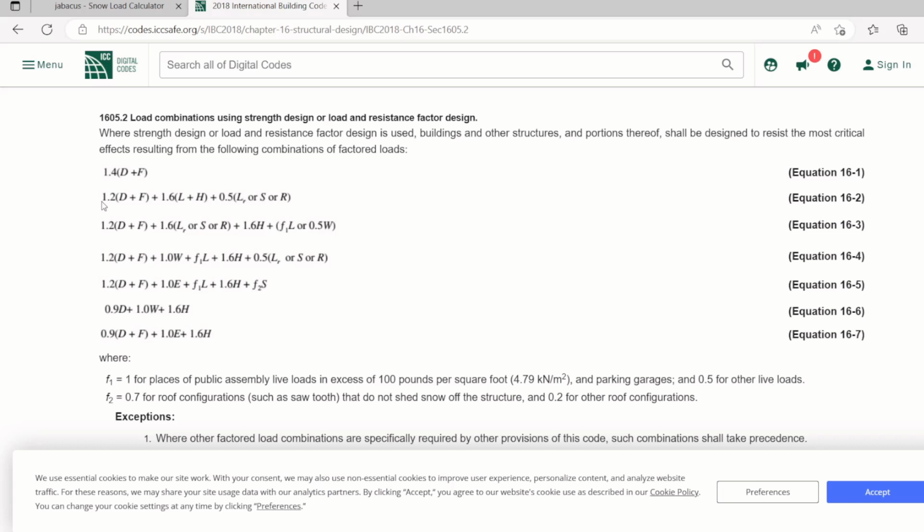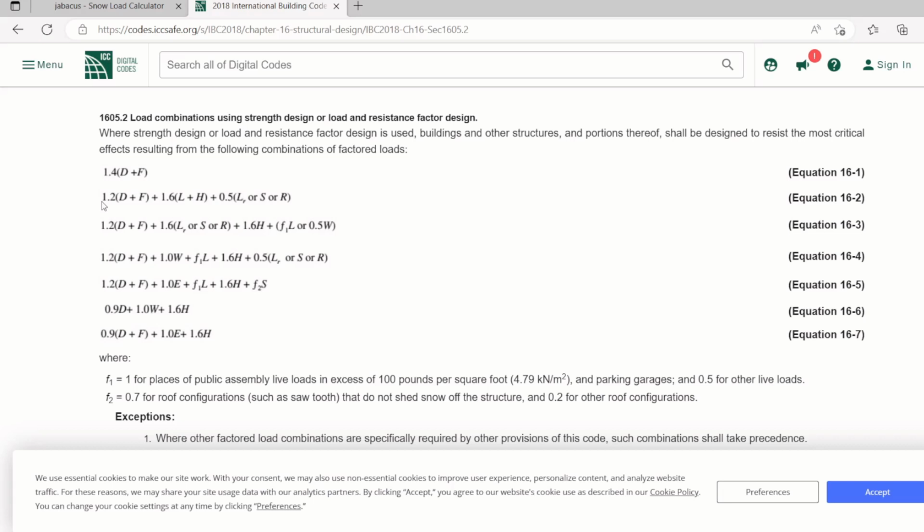So when you calculate your load, of course, you have to check. It has to be based on the load combination from the building code where you are designing your structure.